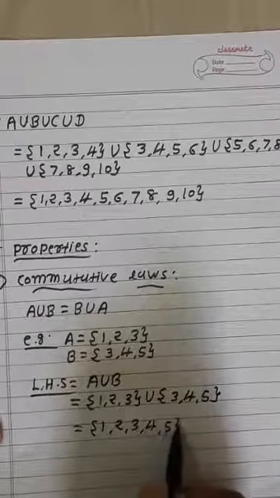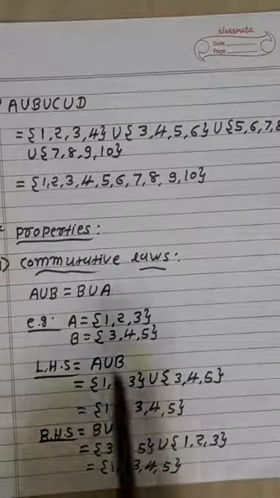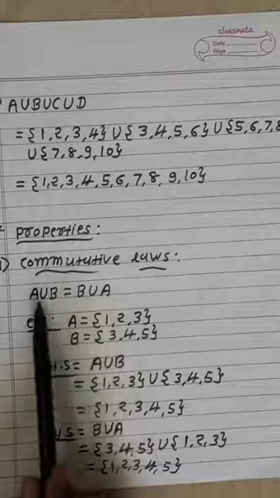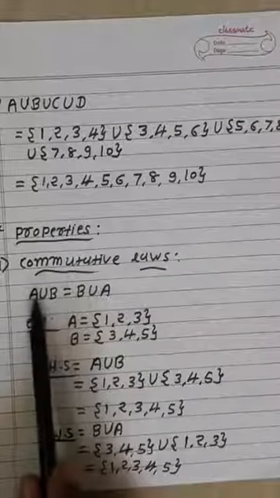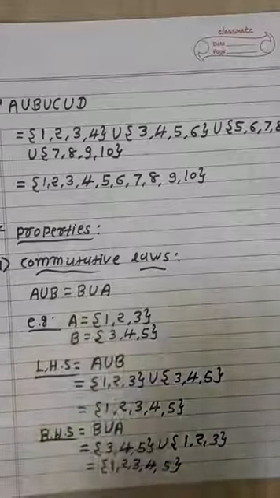So again the same answer, 1, 2, 3, 4, 5. So the LHS side and RHS side are both equal in this case. So the first property, commutative law, A union B is equal to B union A, is satisfied.